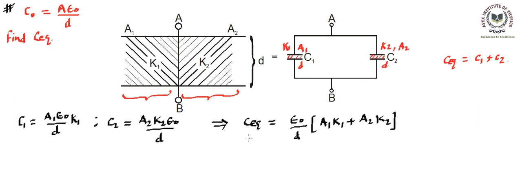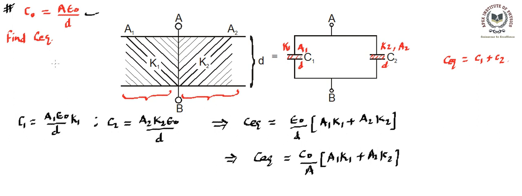But if we are interested in finding out the C equivalent in terms of C naught, from this expression we can borrow the epsilon naught by D value, which is going to be C naught by A. So we can rewrite it as C equivalent is going to be C naught, which was the initial capacitance, divided by A, and in bracket it's going to be A1 K1 plus A2 K2.